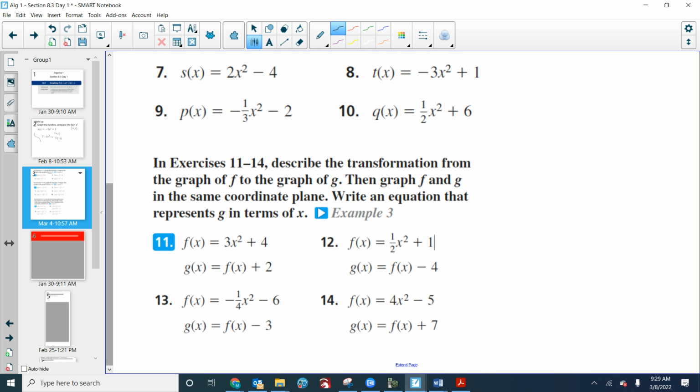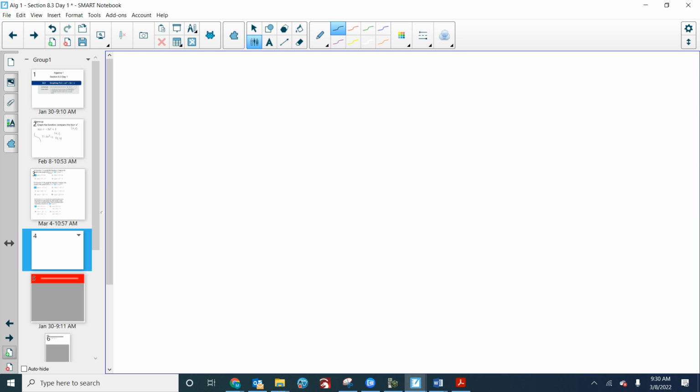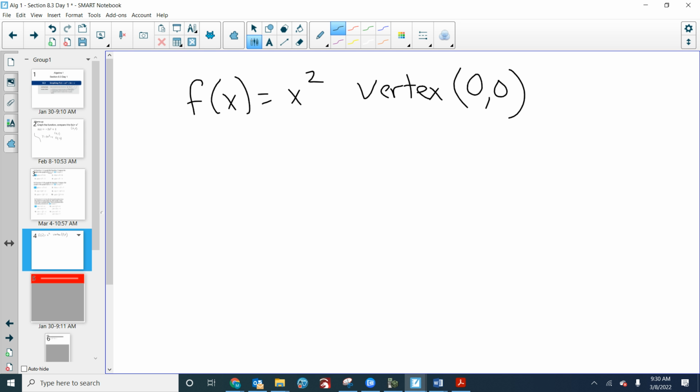Guys, before we start this, I think you have some room to the right up on top of your notes. I want you to understand this. If you're given this for a parabola, you know your vertex is at 0, 0, right?